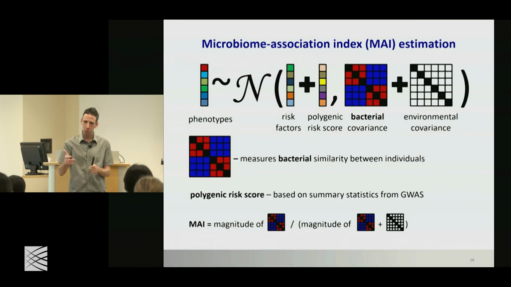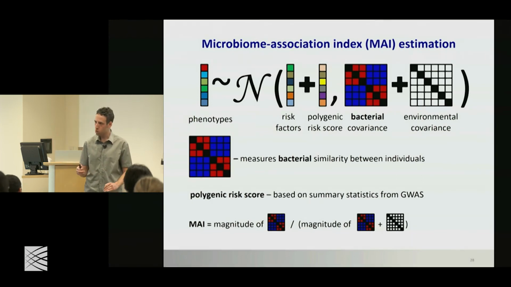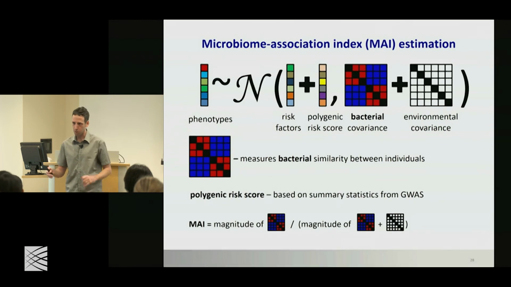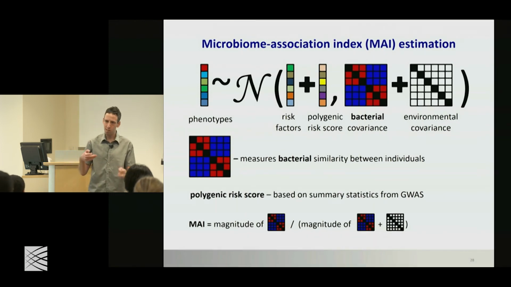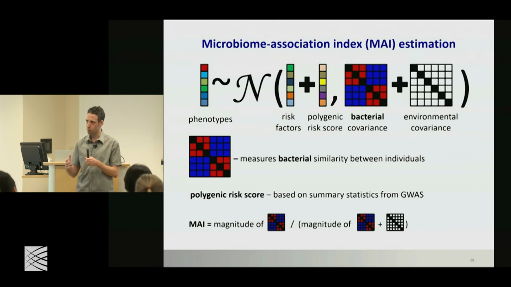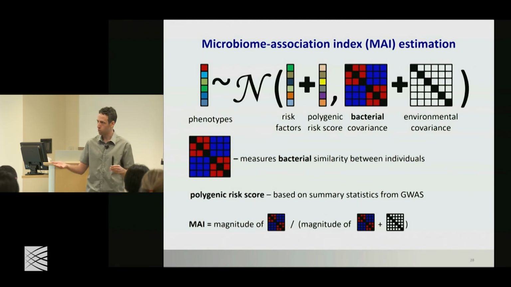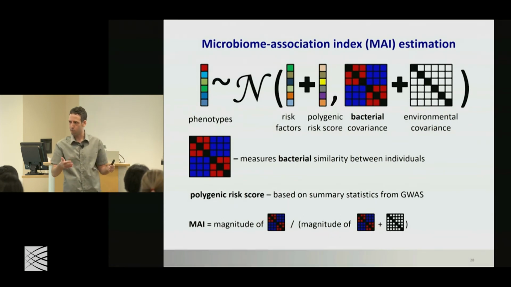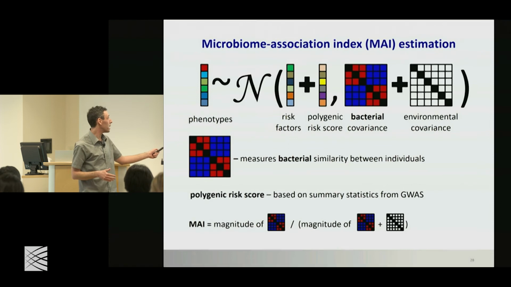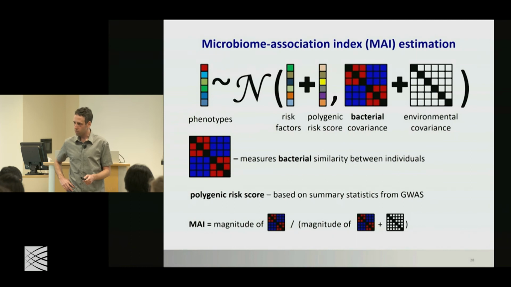We mostly included the median daily caloric consumption of different types of food, which, based on the literature, is a very good proxy for diet. And I'm saying environmental covariance, but this is very similar to the epsilon that you have in linear regression. You must have some noise term that just captures everything that wasn't explained with all the other stuff. But we do have age and gender and diet encoded here. So you chose to include environmental similarity as fixed effects rather than random effects. Yes, we did, exactly.